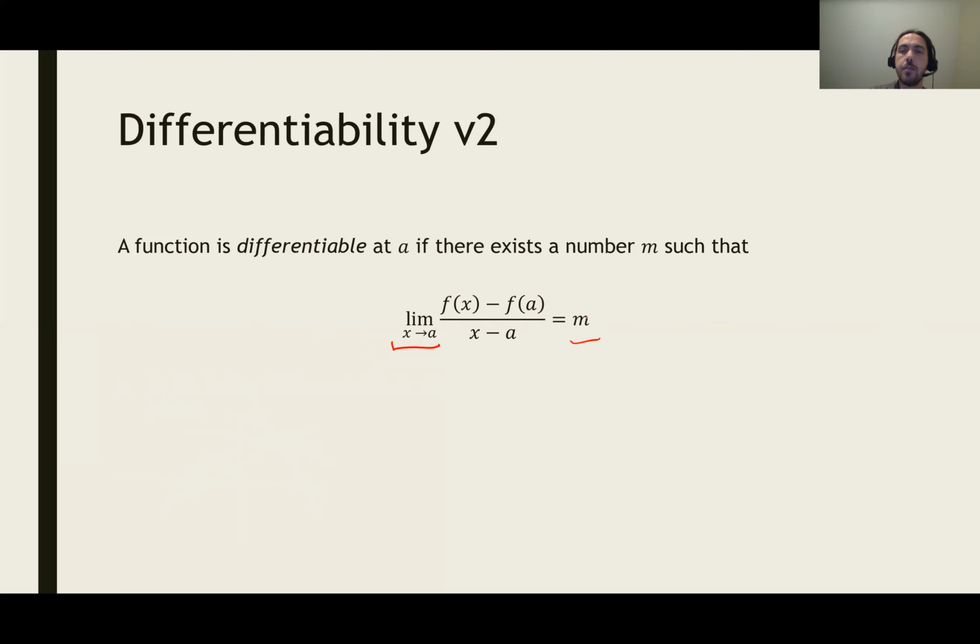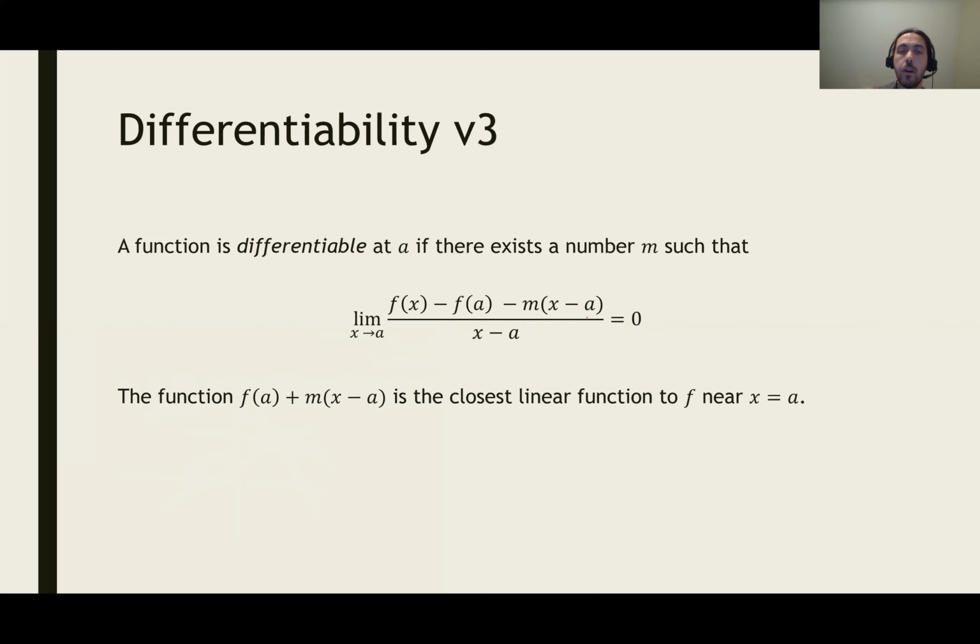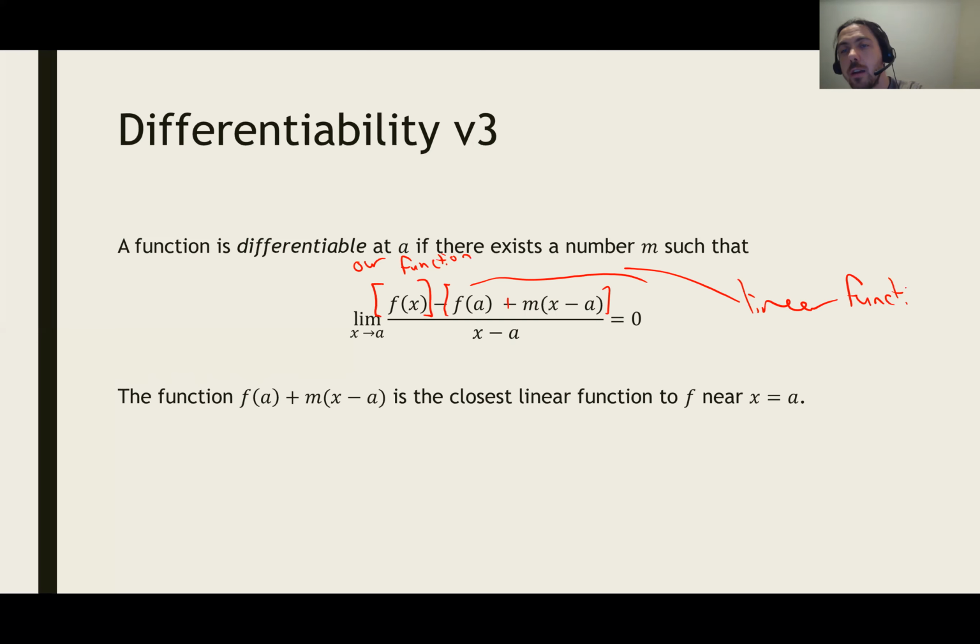But I'd like to adjust this even more by moving m over to the other side and bringing it into this quotient. Now, this is the same definition in principle, but on top, what we've got is this function, f of x, our function, minus this linear function. This is a line.